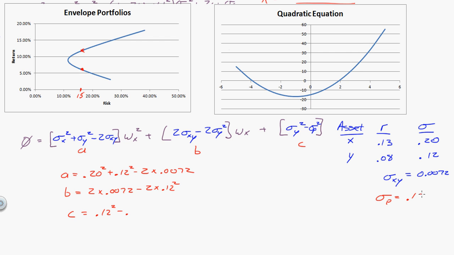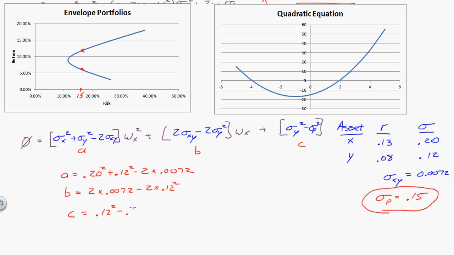Let's say 15%. Where do I get that? I get that from a discussion with the client, saying, well, based on your personality and your situation, we believe the risk that you're able to tolerate is a portfolio that has a volatility of 0.15.